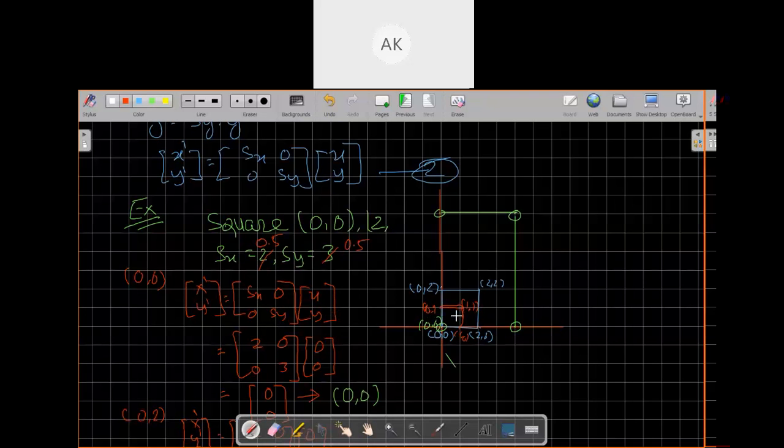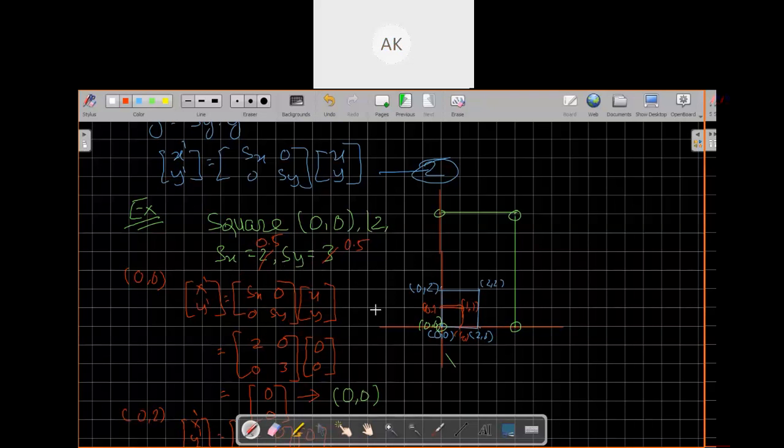Okay, let's take one example. Just consider the value of sx equals 0.5 and sy is also 0.5.